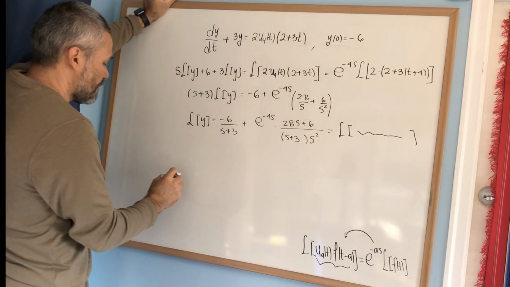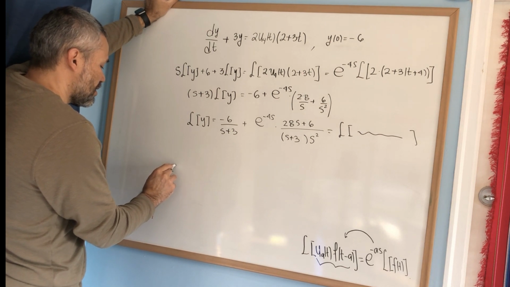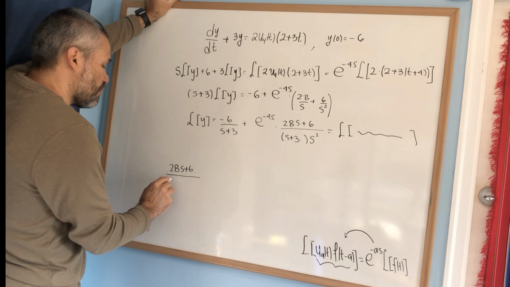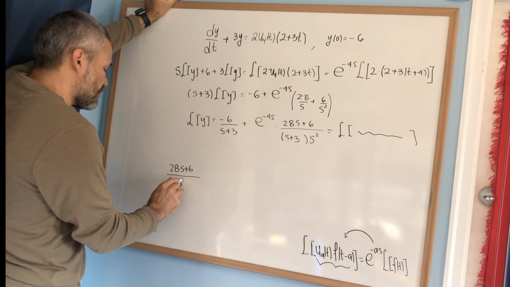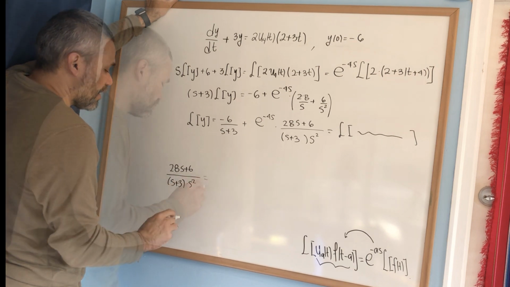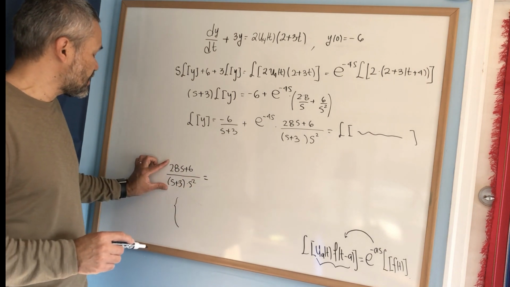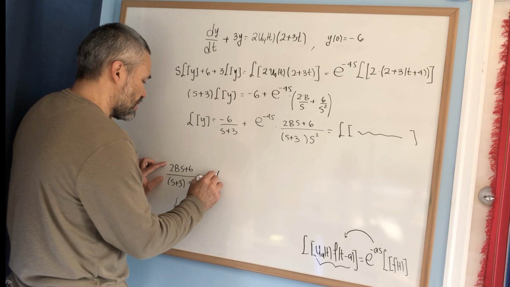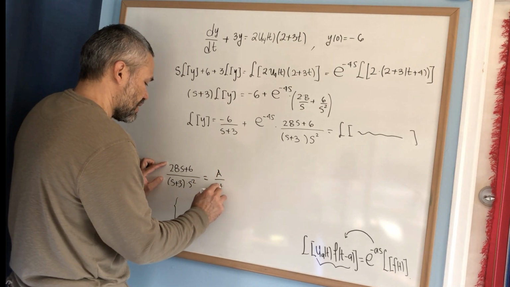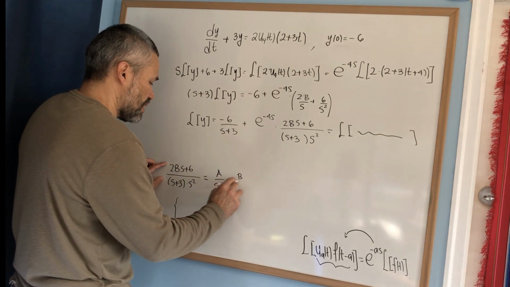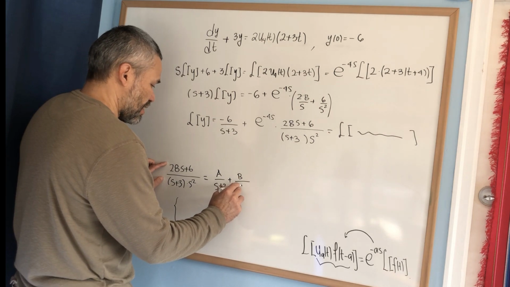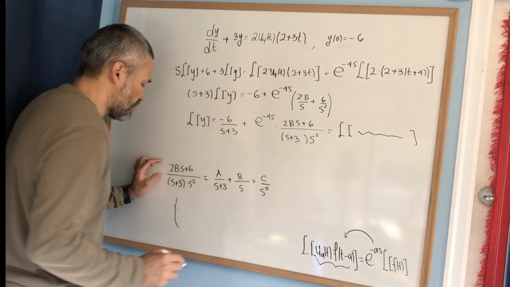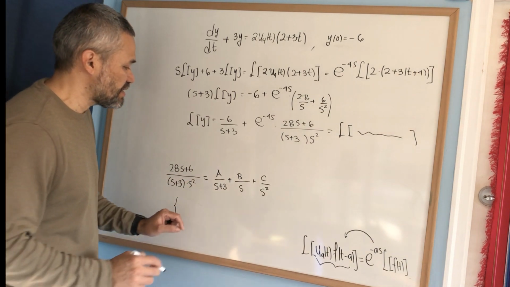We need to rewrite 28s plus 6 over s plus 3 times s squared. And in order to visualize the Laplace transform inverse of this, we do partial fractions. We write this as a over s plus 3 plus b over s plus c over s squared. This linear term has multiplicity 2.